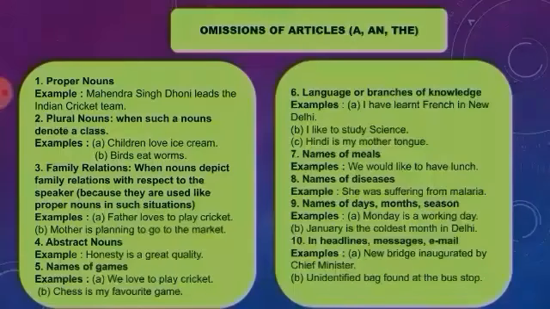For example A, new bridge inaugurated by Chief Minister. So you should remember that if it is a headline or message or email, we will not use an article. And example B, unidentified bag found at the bus stop. So again here we will not use an article.